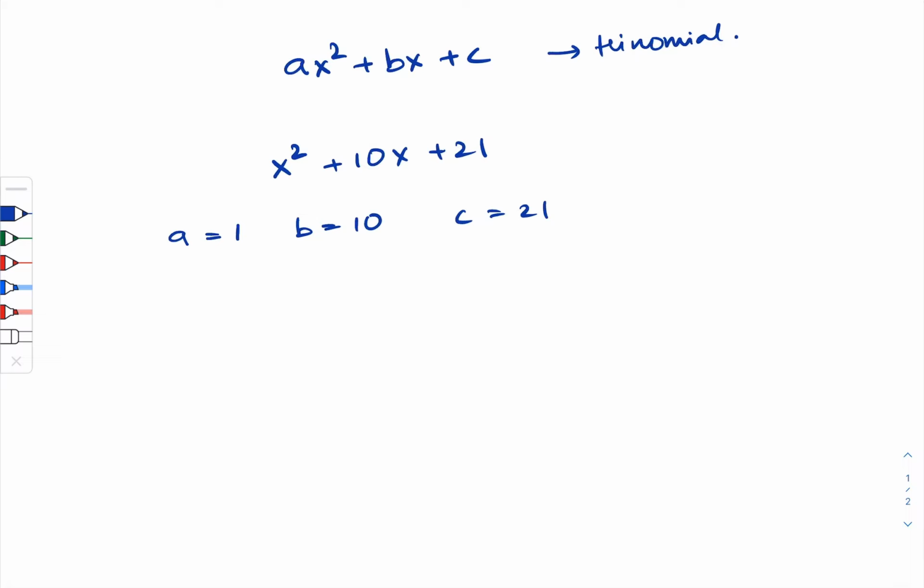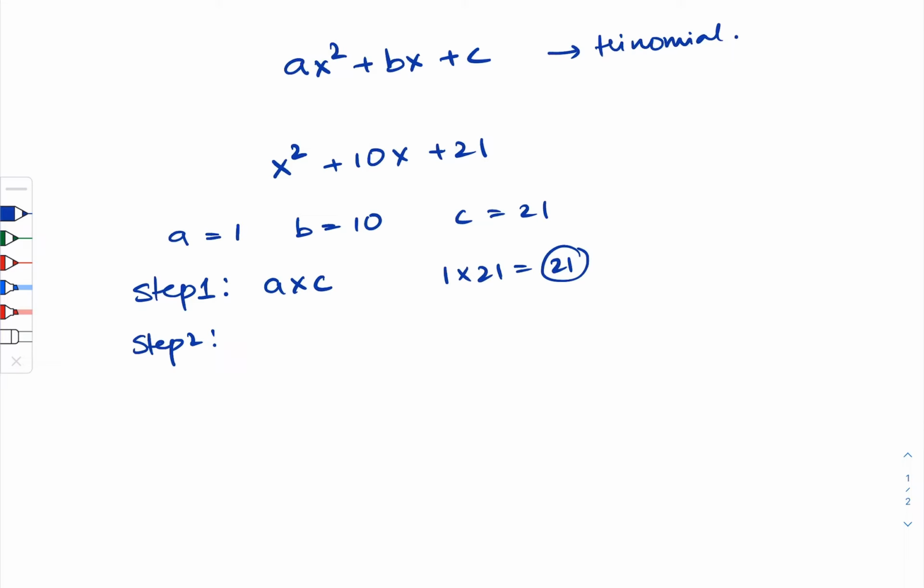Step 1 is you want to multiply the a with the c. So 1 times 21 gives me 21.